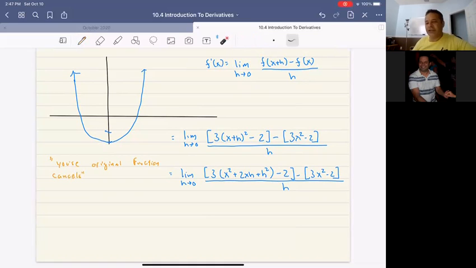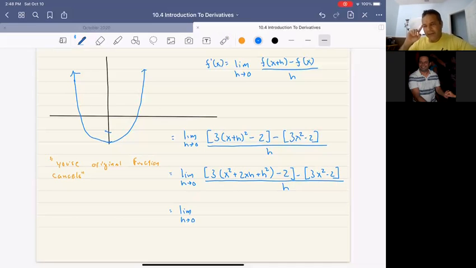Okay, so let me show you what I mean by that. This 3x squared, and I have this 3x squared, and there's a minus between them. So they're going to cancel. This negative 2, well, it has a positive 2 there. So positive 2 and negative 2. So that's going to cancel. So on my next round, it's going to be the limit as h goes to 0.